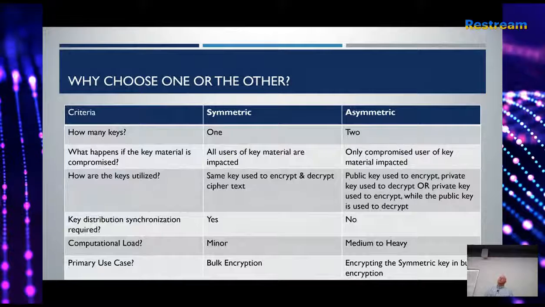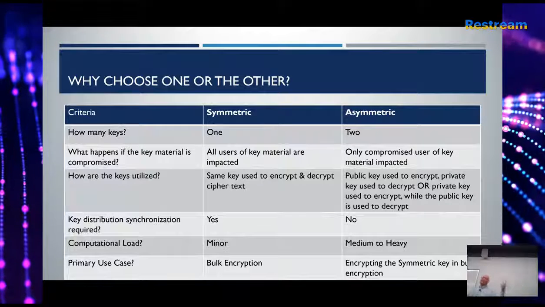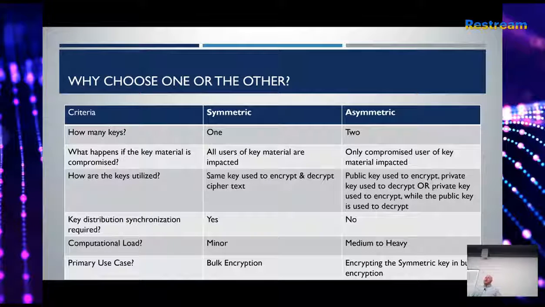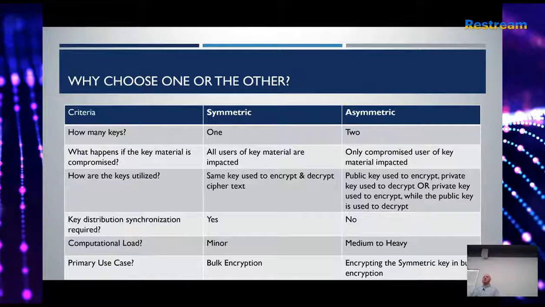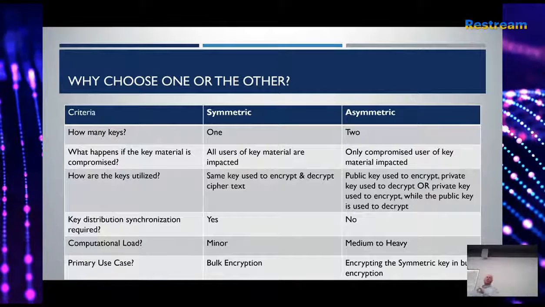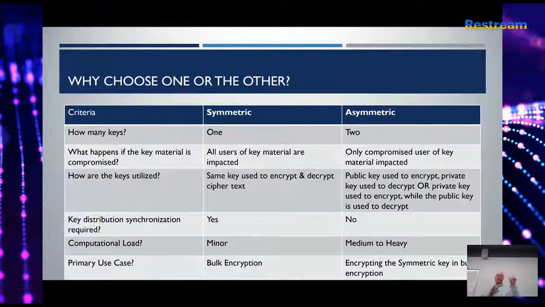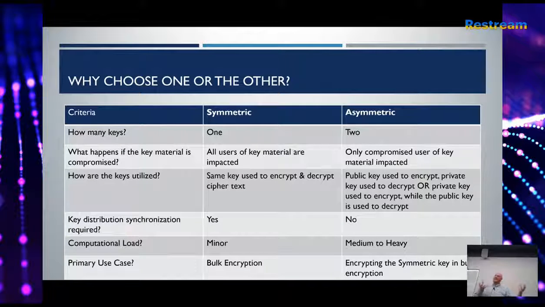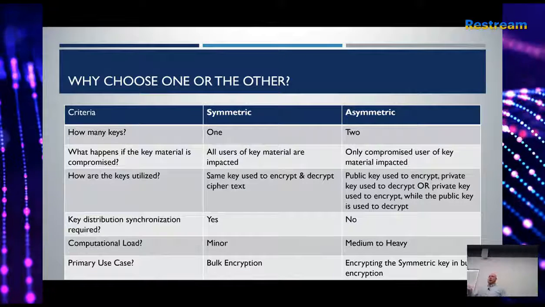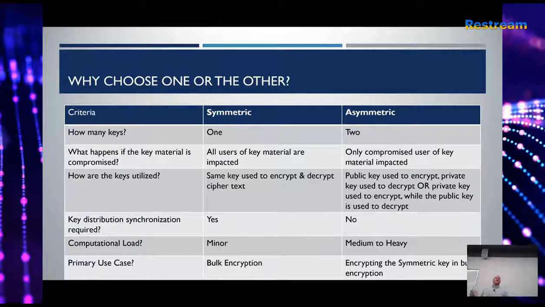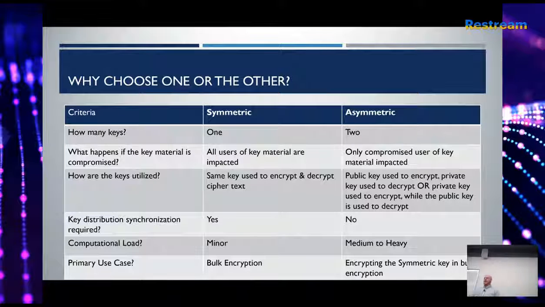So why, if asymmetric and symmetric have these characteristics, why would I ever choose symmetric, right? It seems like there's all these challenges and limitations. Also of note, one of the key, sorry, not pun intended, one of the key pieces that we need to be mindful of with asymmetric is that an exposure of one is an exposure of all, okay?